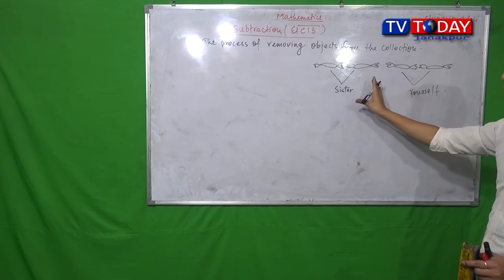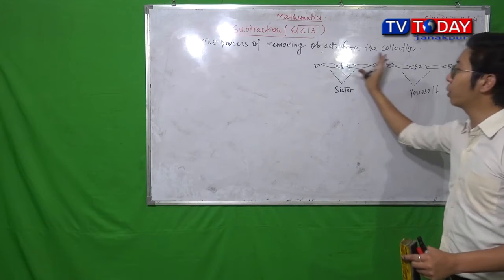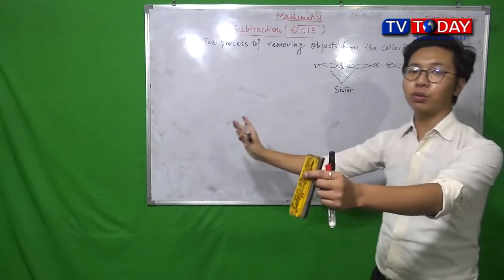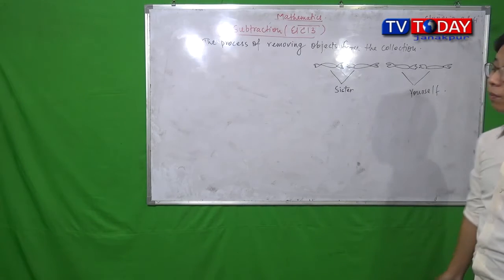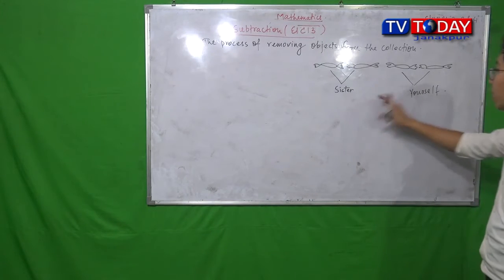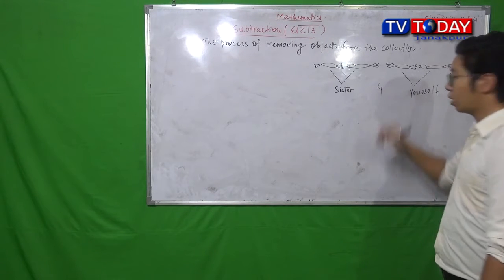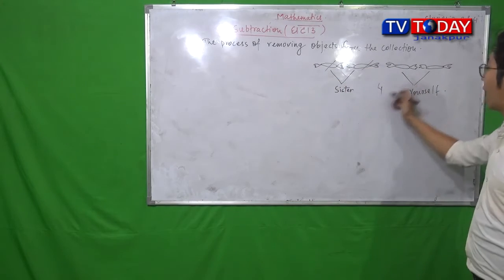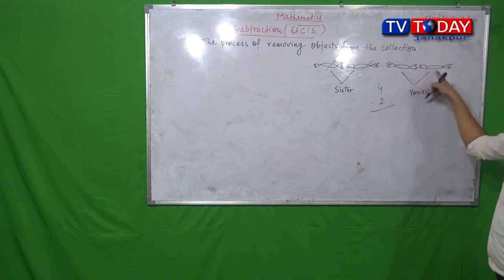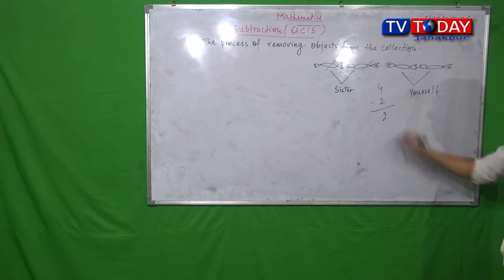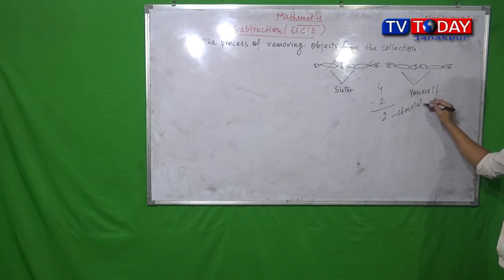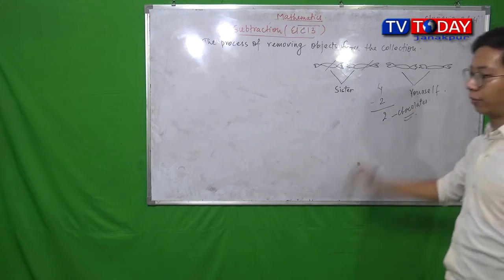This is the subtraction. What you have done? You have removed these chocolates from yourself and given it to your sister. So this is what? Subtraction. You have 4 chocolates. You have given these 2 chocolates to your sister, and how much you have left? 2 chocolates for yourself.